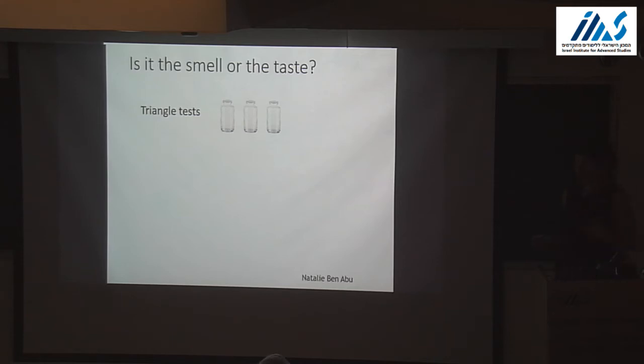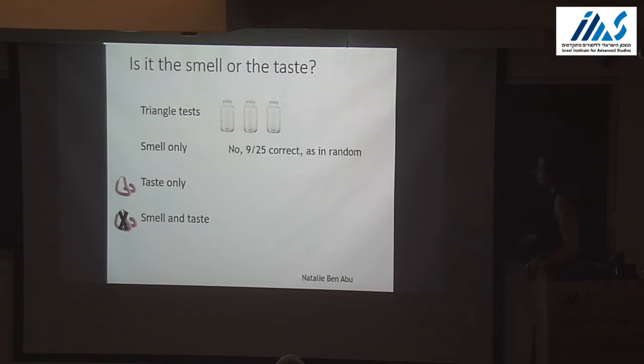Is it smell or is it taste, right? So Natalie did another experiment, which is a triangle test. You basically have 2 H2Os, 1 D2O, and the panelist needs to choose the correct one, and you know which is the correct one. And you can do it just with the smell without tasting. You could do it just with the taste by closing the nose with nose clips, and you can just do it tasting without closing the nose clips.